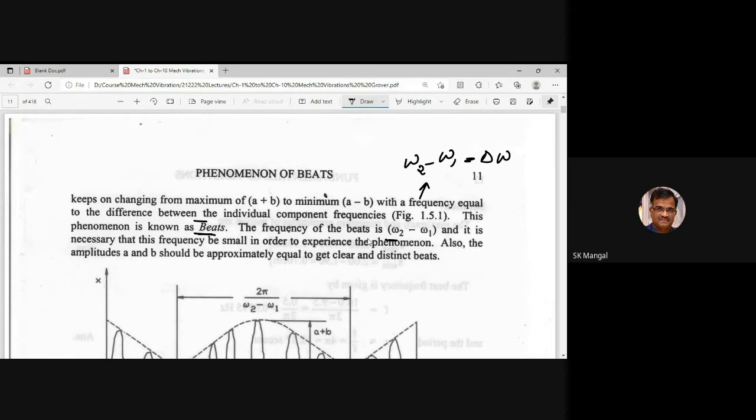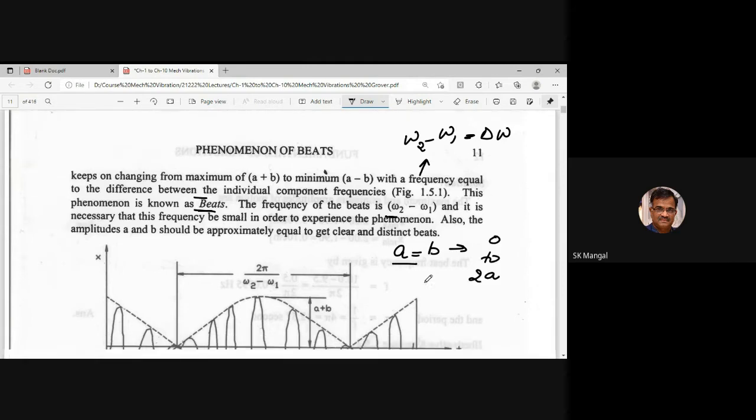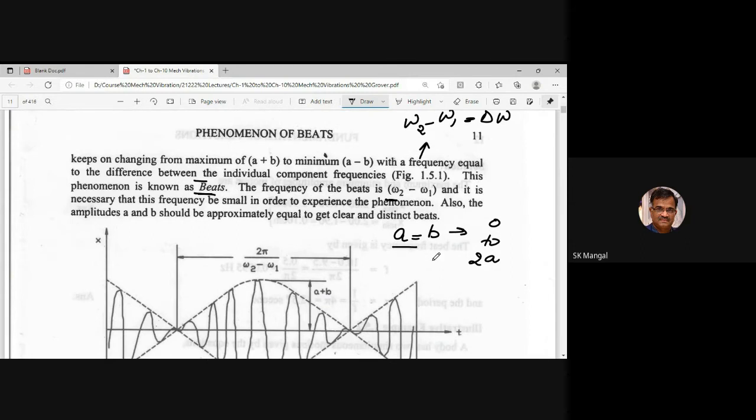And if you want to experience this beat phenomenon distinctly and clearly, then A and B must be equal. In that case, the amplitude will vary from 0 to 2A, and you will get a clear and distinct beat.